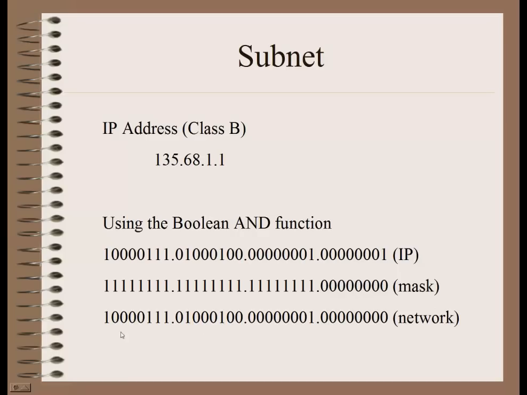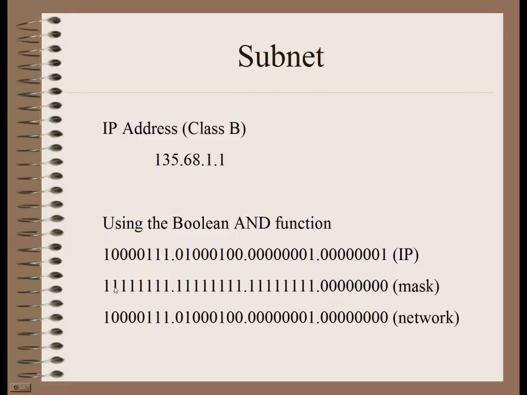The last row here of these binary numbers is the result of a Boolean AND function of the first 2. If you remember back in the Boolean algebra, we use AND and OR functions. In the AND function, if we AND 2 ones together, we get a 1.